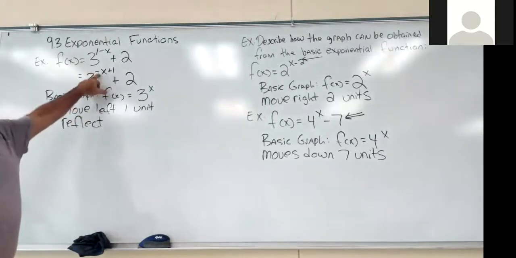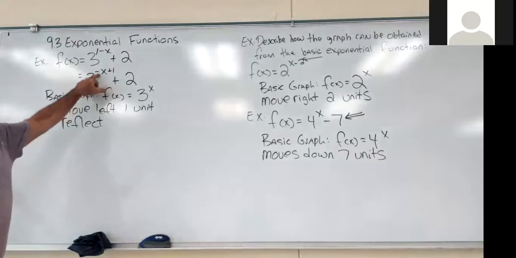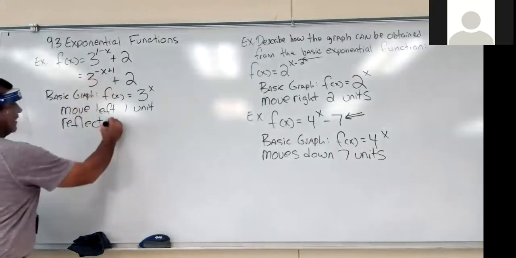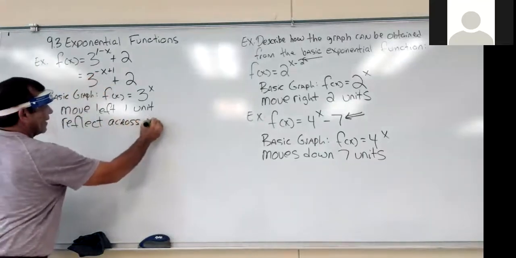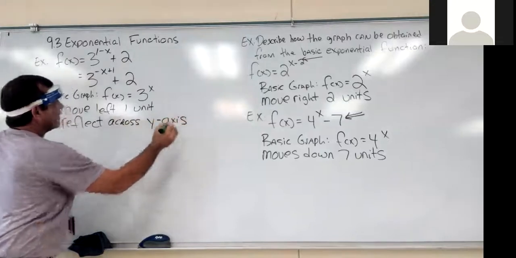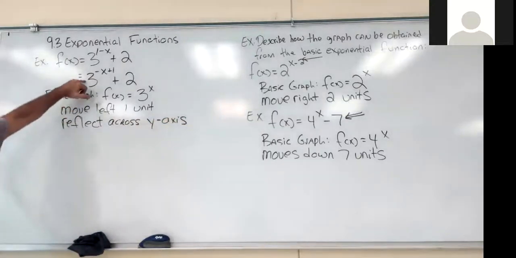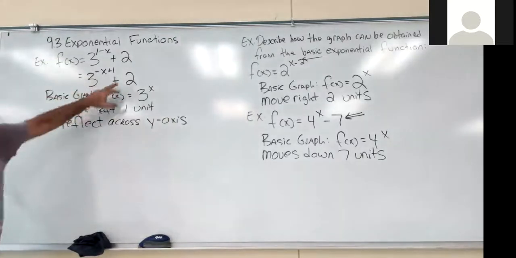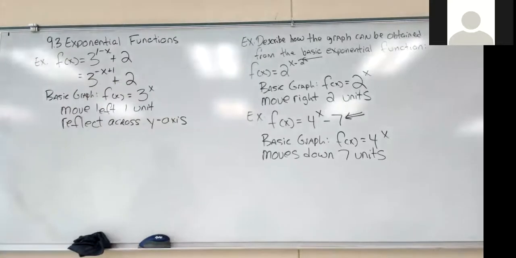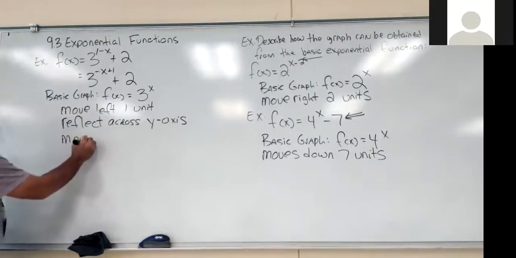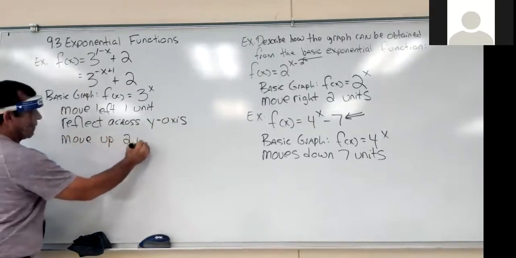Remember, if I hit the exponent, it flips me on the y-axis. To flip it on the x, that negative would have to be in front of that 3. Now, what's the plus 2 doing? It's going to move it up. So up 2 units.